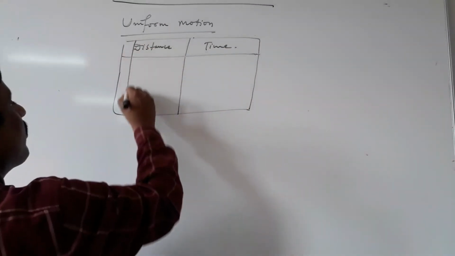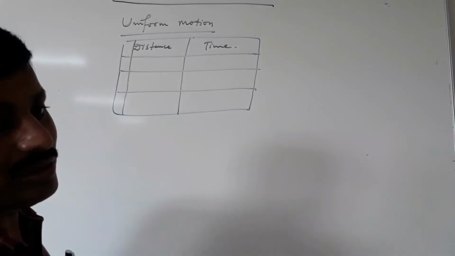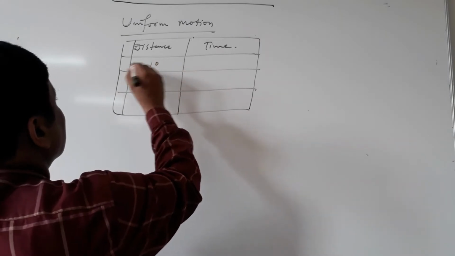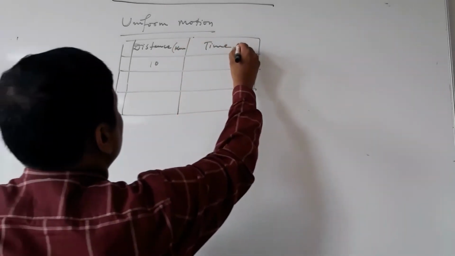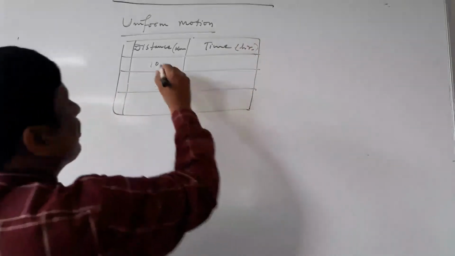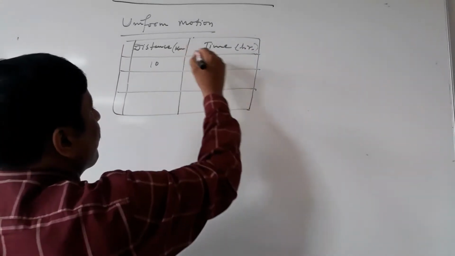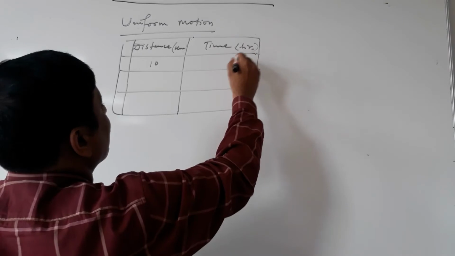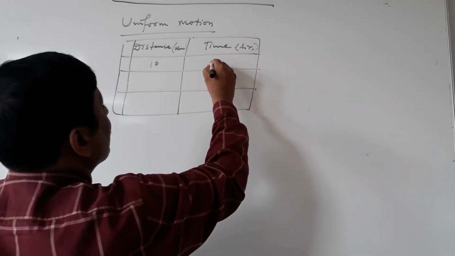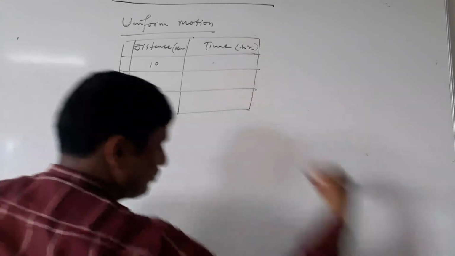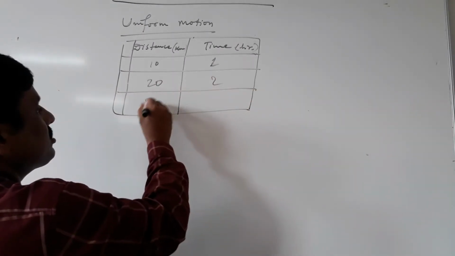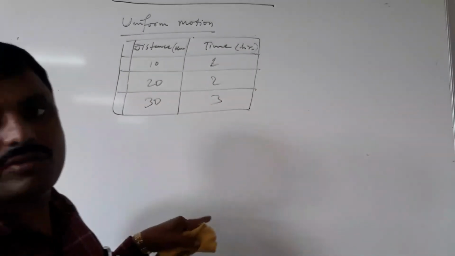If any object covers equal distance in equal interval of time, here 10 kilometer, distance in kilometer, time in hour, 10 kilometer in 1 hour, then 20 in 2 hours, then 30 in 3 hours, like this.